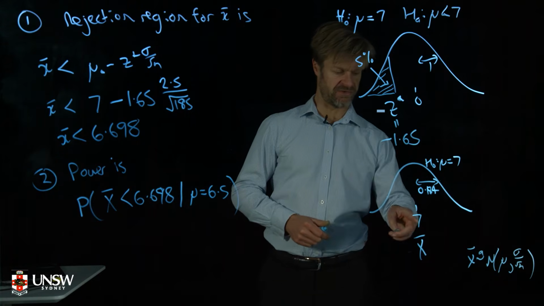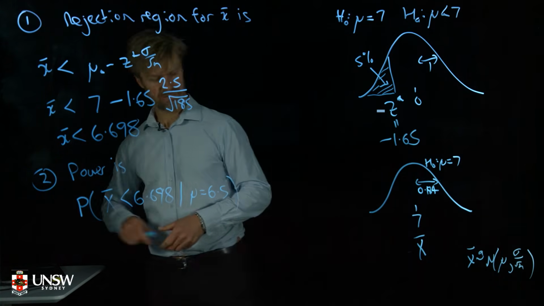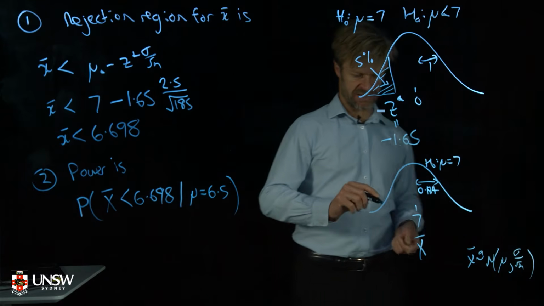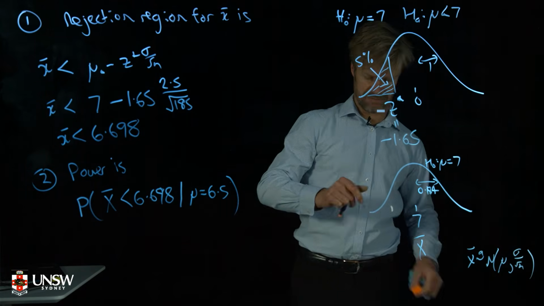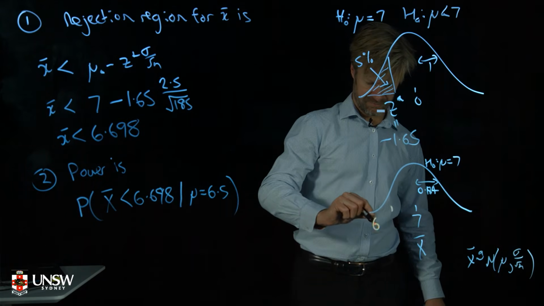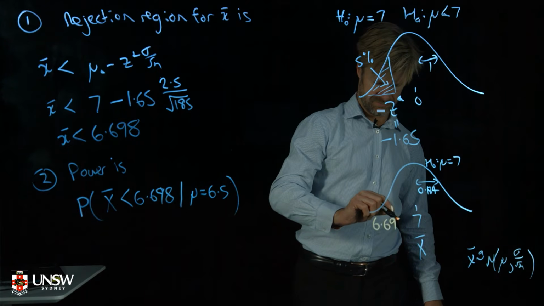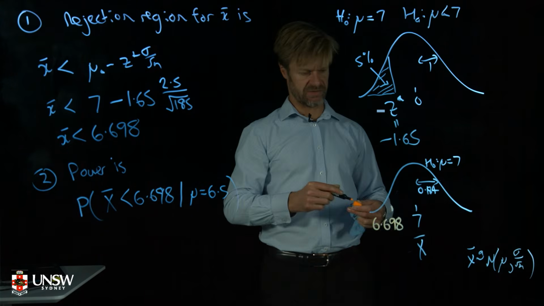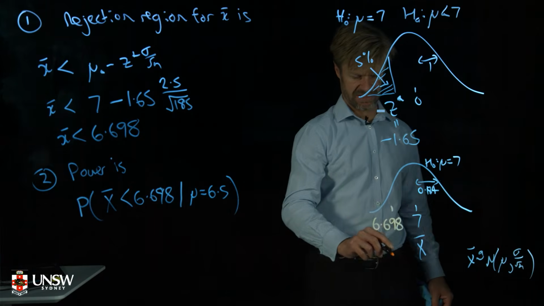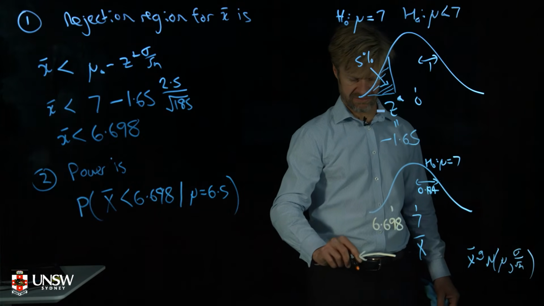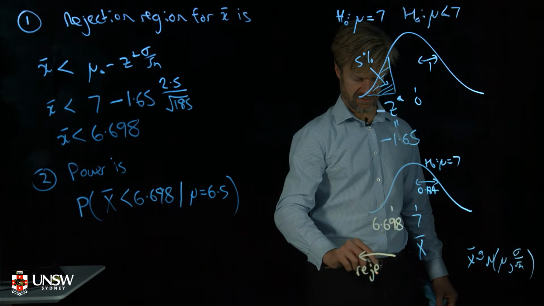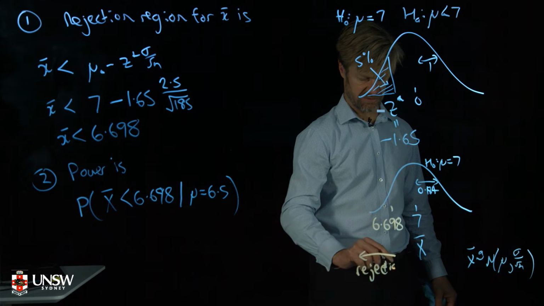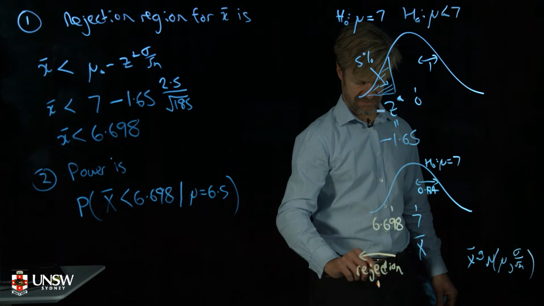And under the null hypothesis, the mean is 7. And we worked out that our critical value is 6.698 and our rejection region is here. We're going to reject for any sample means less than that.